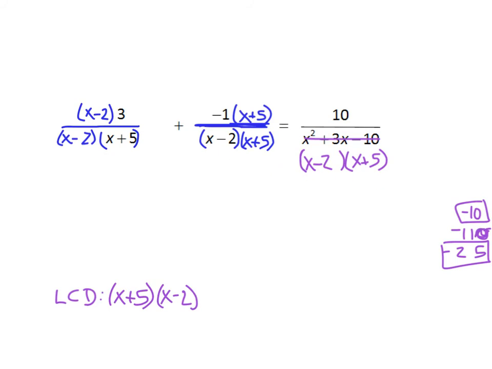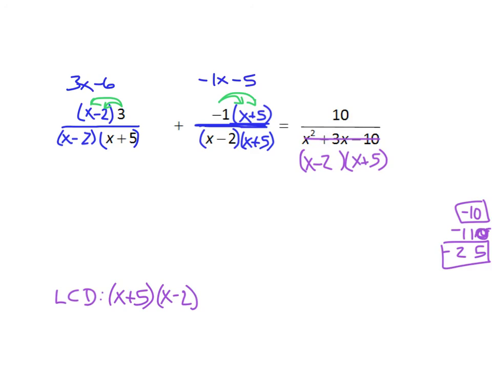Once every fraction has the same denominator, we can simply solve the equation that's in the numerator. Now before I do that, I'm going to go through and distribute, like I showed on the previous example. I'm going to distribute the 3, I'm going to distribute the negative 1. So I'll rewrite that as 3x minus 6, and rewrite this as negative 1x minus 5.